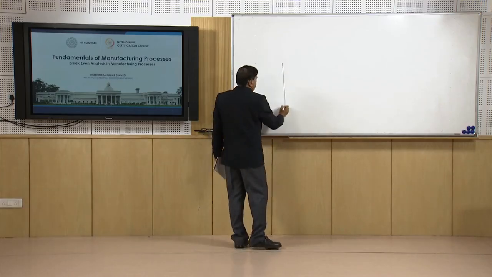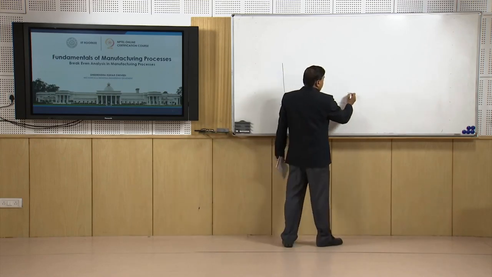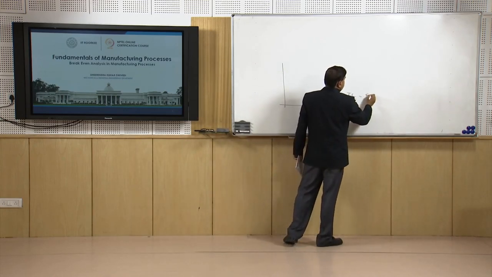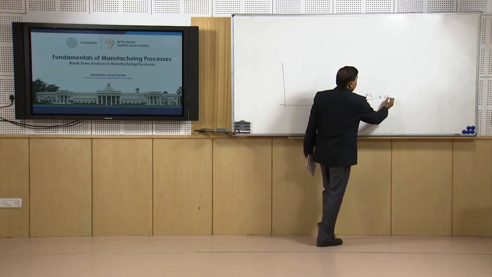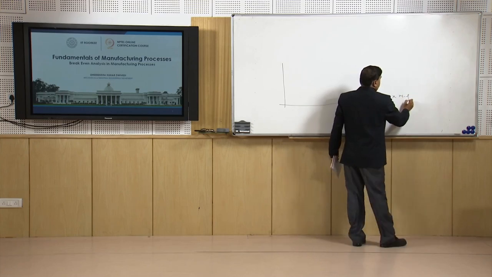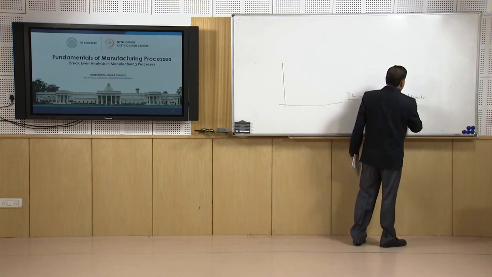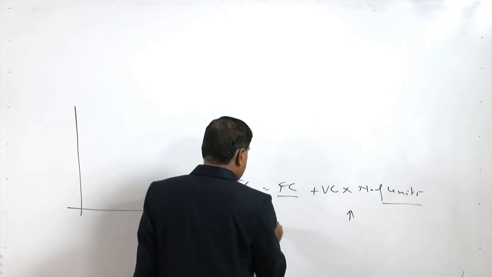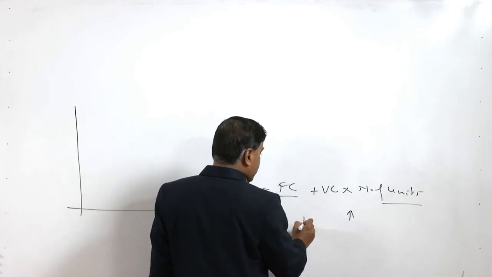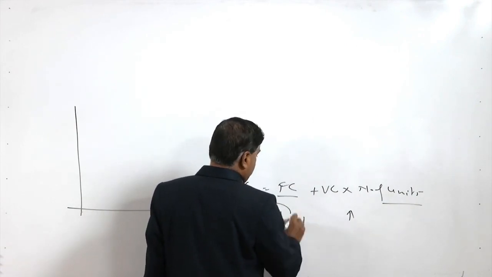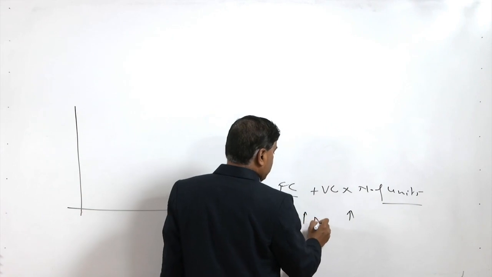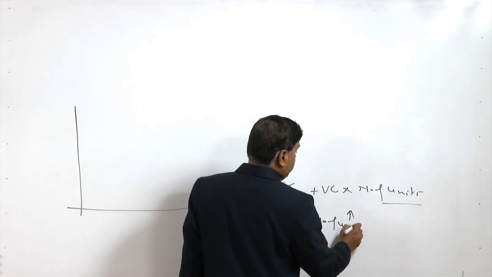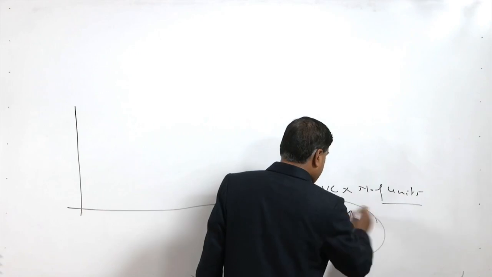What we have seen here is that in the total cost, the fixed cost is fixed and the variable cost changes with the number of units to be made, and with the increase in number of units, the TC keeps on decreasing.